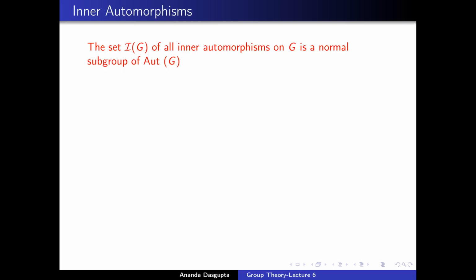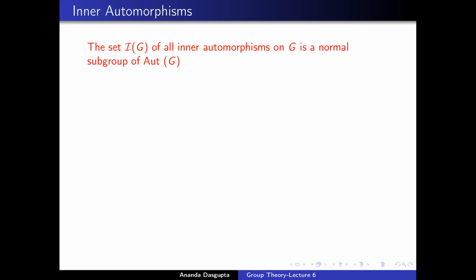In fact, it's pretty trivial to show that I_g1 and I_g2, two inner automorphisms, when multiplied, in this case, of course, multiplication means composition, gives rise to I_g1g2. And the fact that this obeys all other group properties apart from closure, which we have just stated, is rather easy to show. So curly I of G is a subgroup of Aut G.